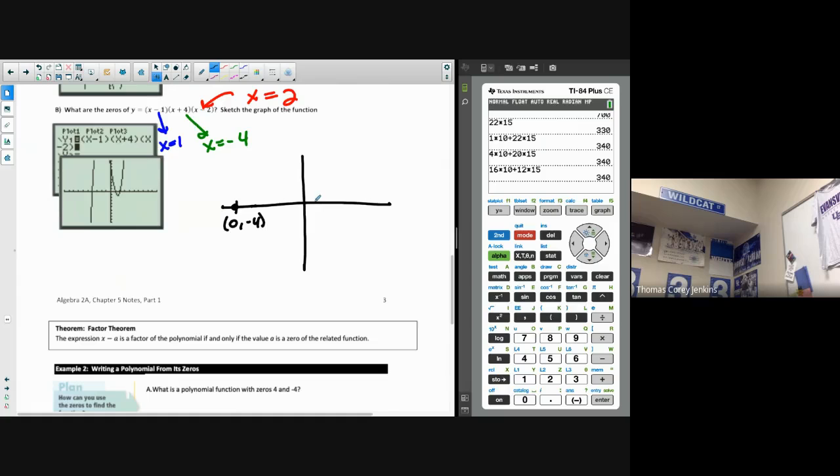Then we have x equals 1. Sorry, I wrote that out wrong. That should say negative 4 comma 0. Then we have 1, 0, and then we have 2, 0.